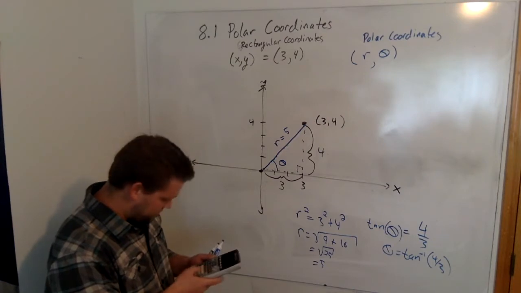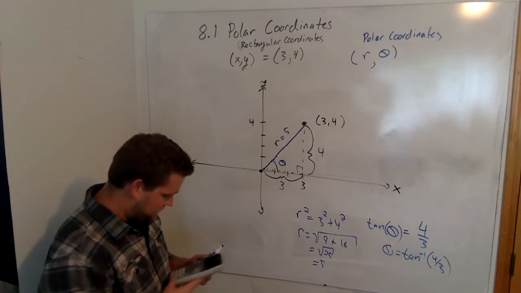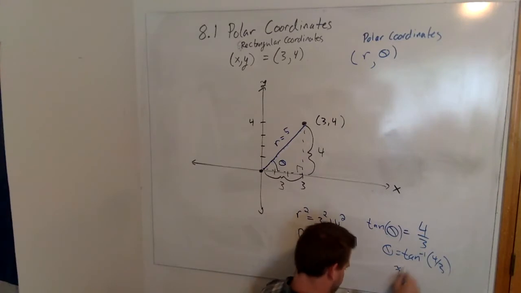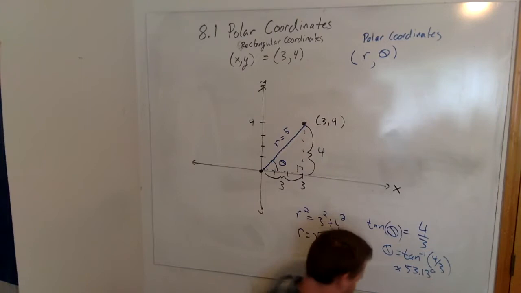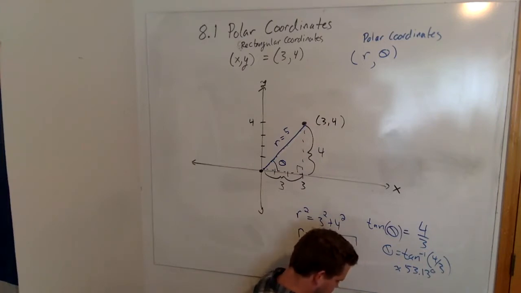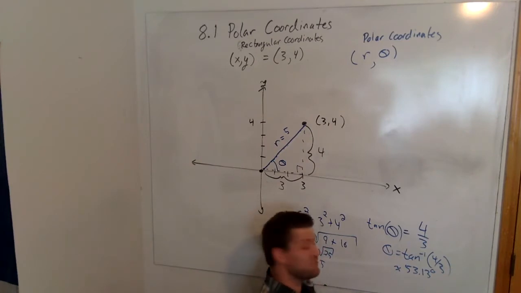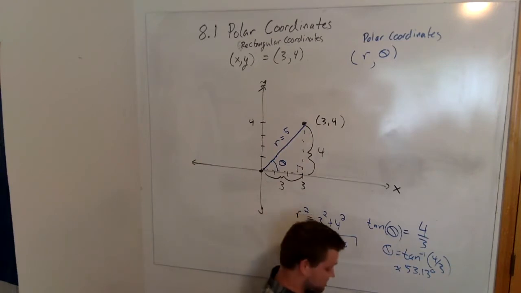The tan inverse of 4/3 is roughly 53.13 degrees. If we want to put this in radians, it will be a little bit less than 1 radian. 1 radian is roughly 60 degrees. That's a great way to think about it.